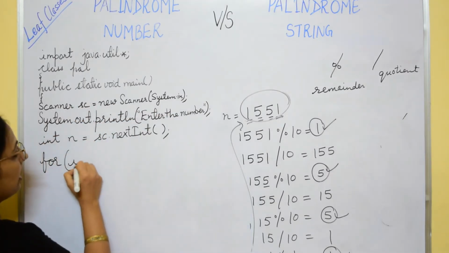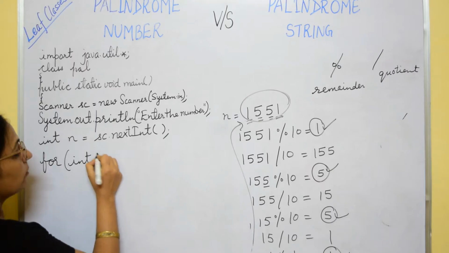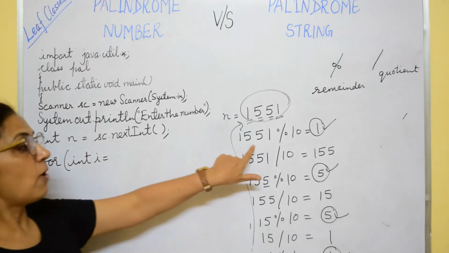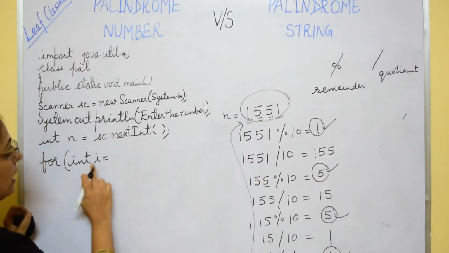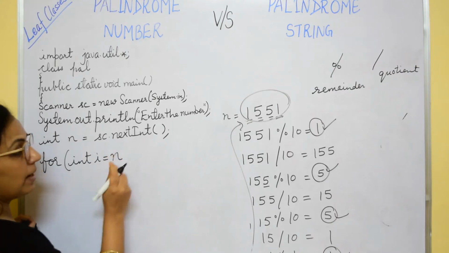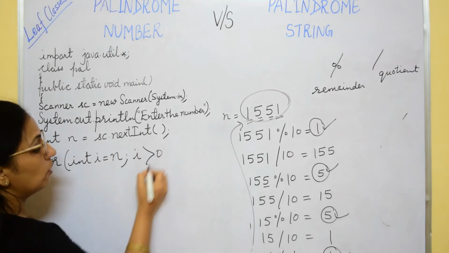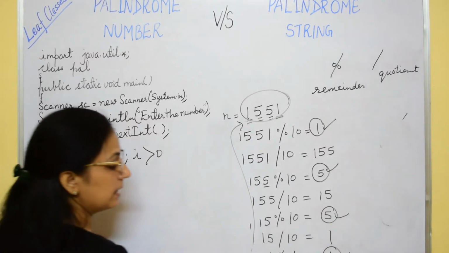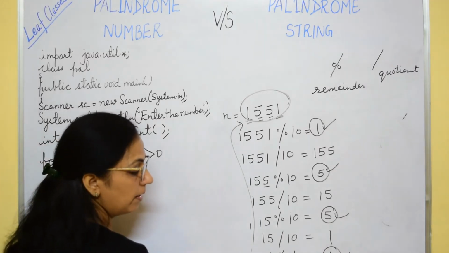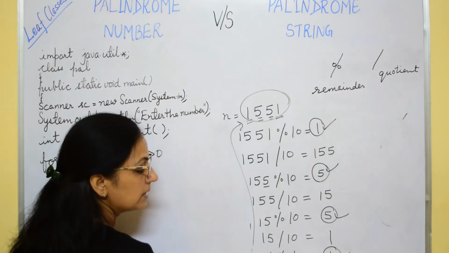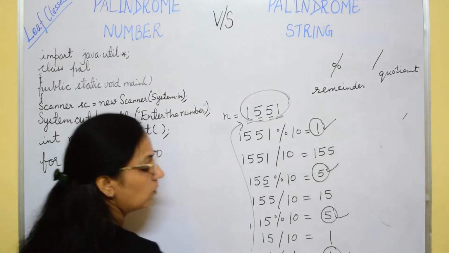So we are taking a loop. We start from the number, so we are taking i equals n. We begin from the number and continue till i is greater than 0. When you have got 1/10 as 0, we don't want to proceed.